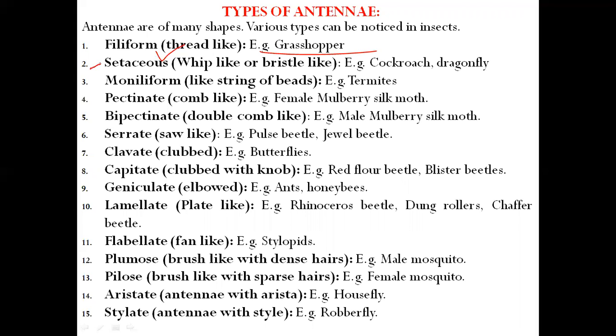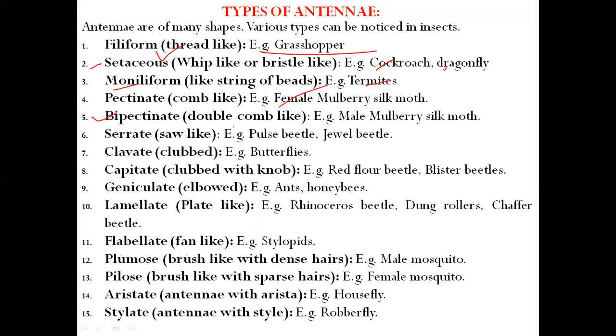Setaceous means whip-like or bristle-like, present in the cockroach and dragonfly, where the segments gradually decrease in size from base to apex. Moniliform is bead-like, present in termites; all segments are globular, round or oval in shape. Pectinate is comb-like, for example in the female mulberry silkworm.